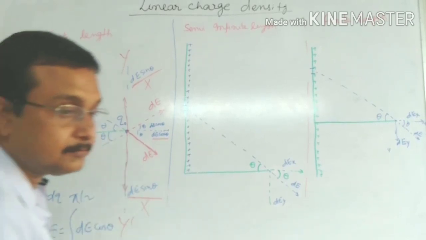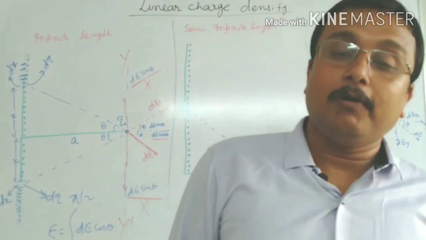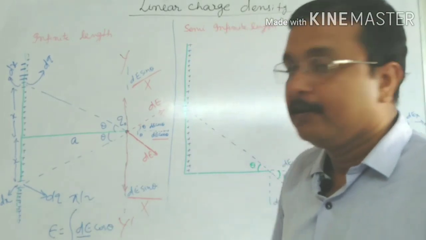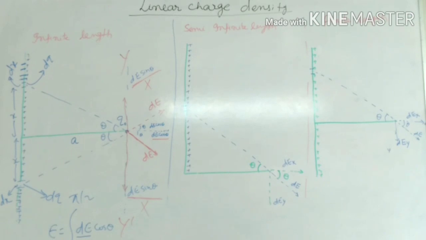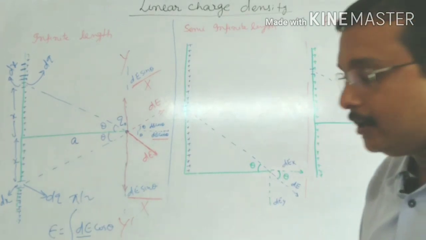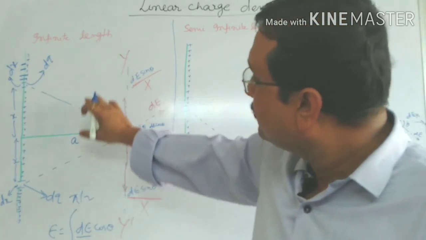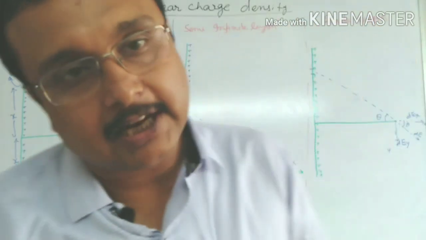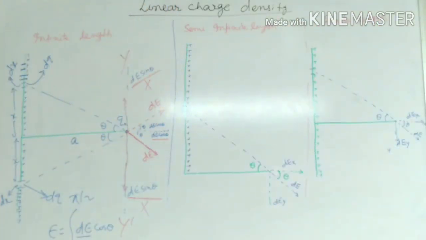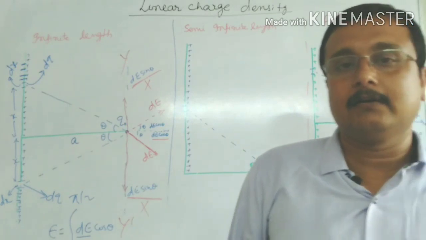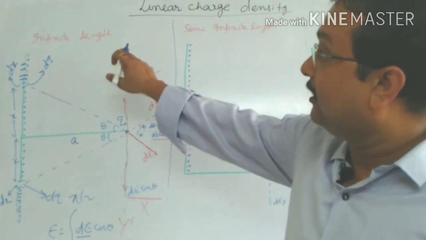That is the concept. Now what do we have to do? We have to calculate dE first. If we calculate dE, then we can calculate this integration very well. I think it is easy to understand. You have got some concept of the approach we have to follow for calculating the electric field due to an infinite length.